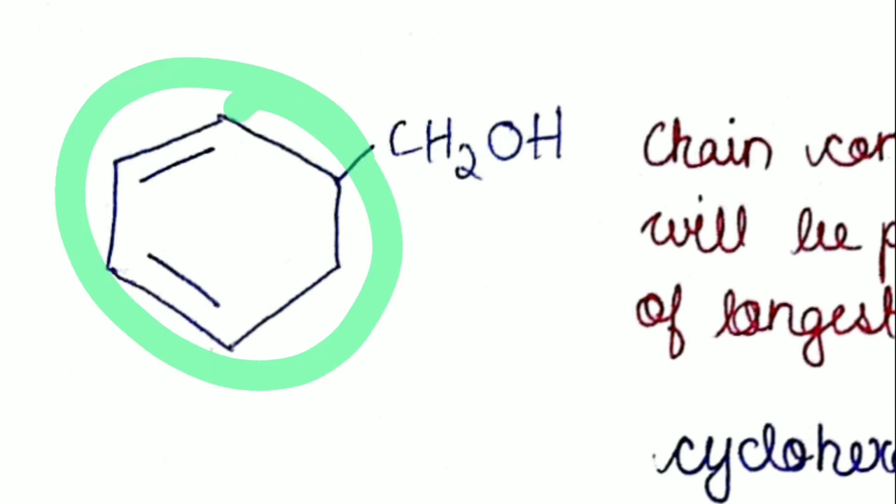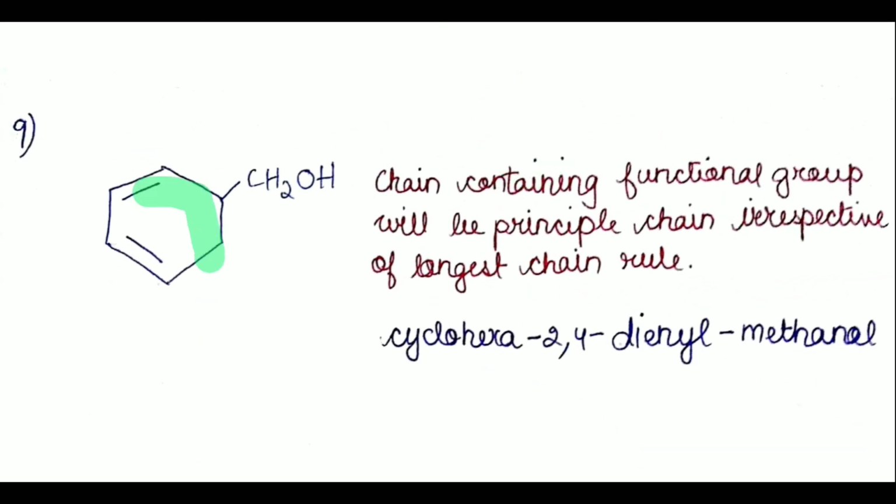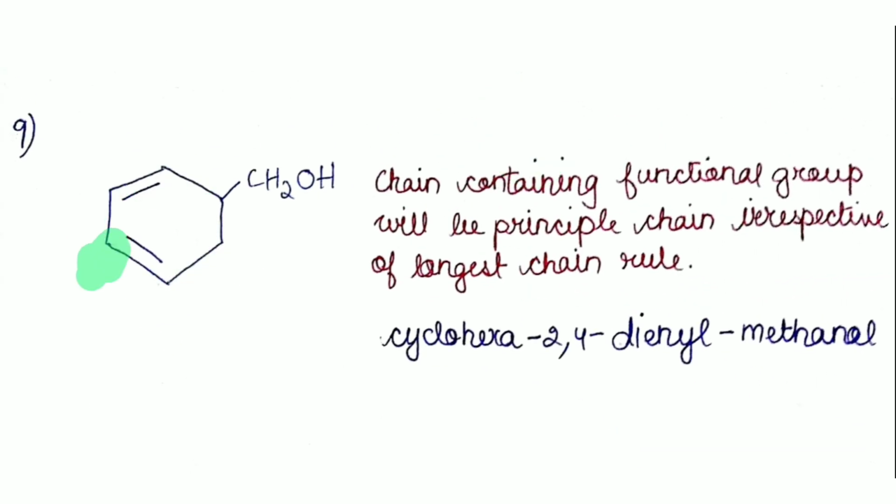And then we have methanol. Methanol, meth is the word root for the one carbon, principal carbon chain, and ol is used for our alcohol group, which is here the functional group. So basically we'll do this again. We have cyclohexa 2,4 dienyl methanol. That's the name of this compound.